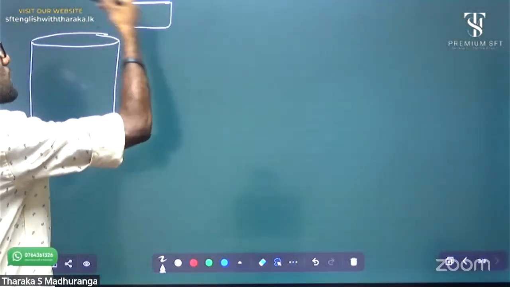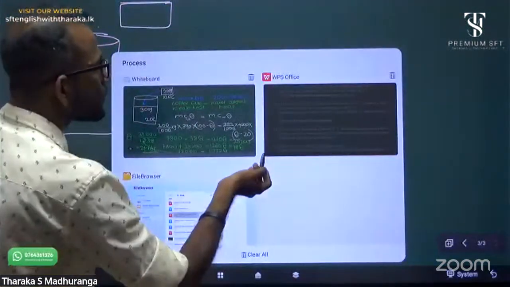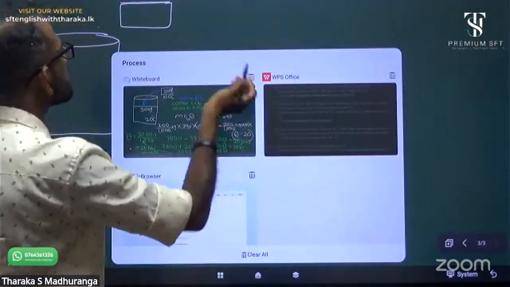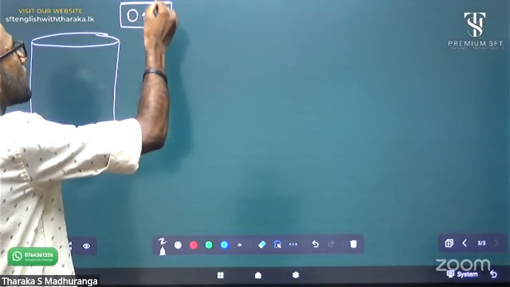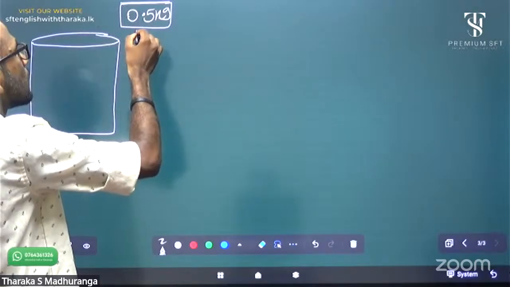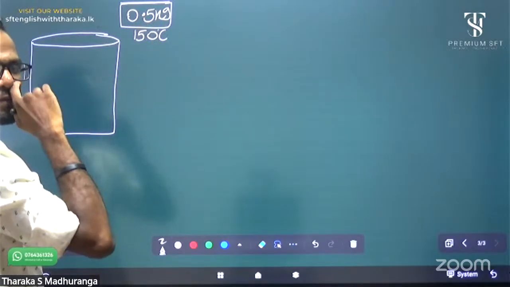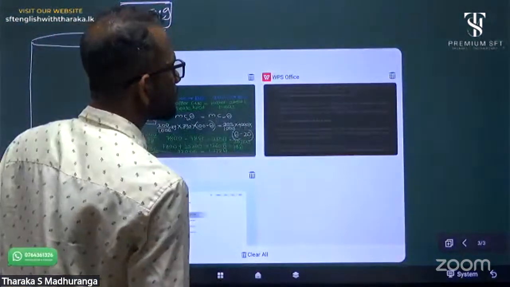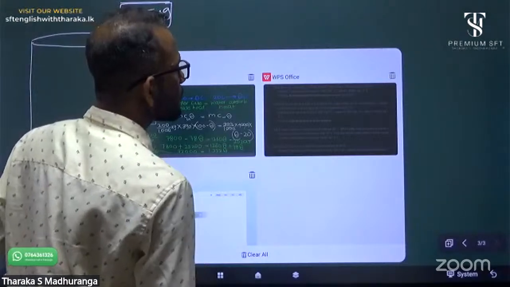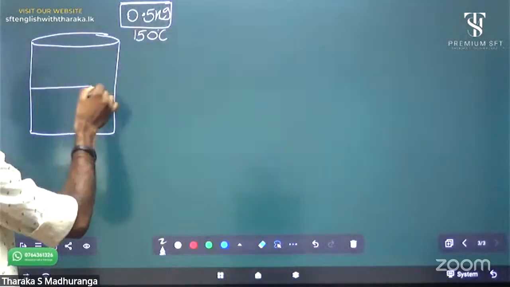Okay, this is a metal cube, 0.5 kilogram of iron block at 150 Celsius. 0.5 kilogram means 500 gram. It is heated to 150 Celsius. 1 kilogram of water at 25 Celsius.